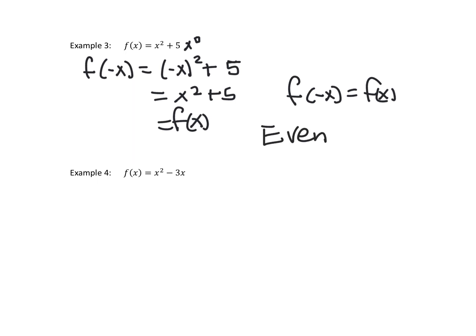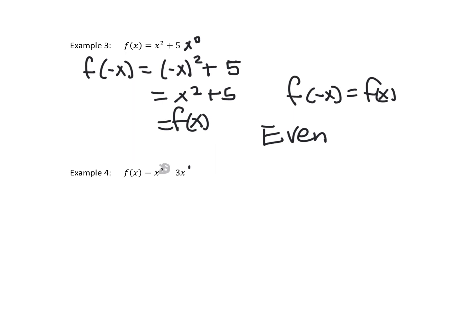Okay, we do another one. So again, I start by using the shortcut. This is even, and here this is raised to exponent 1. So this is even, this is odd. So when I see a combination of these two, one exponent is even, the other one is odd, I know it's going to be neither.